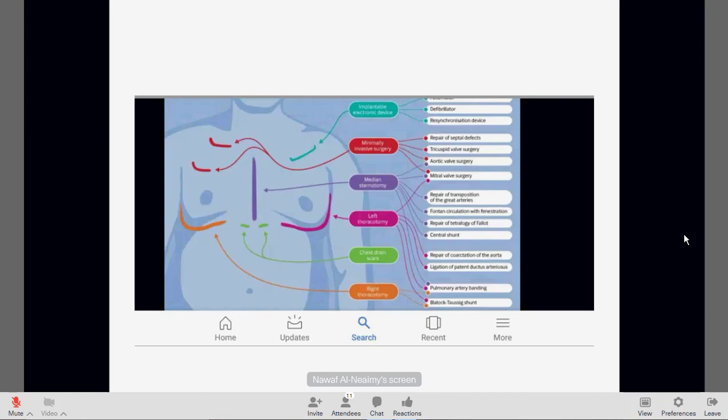بس عادة it starts from the back، يعني يجي من الخلف على intercostal space طبعا along the lateral side of the chest and extends to a variable degree into the anterior part of the chest.